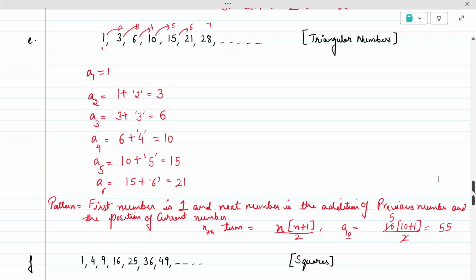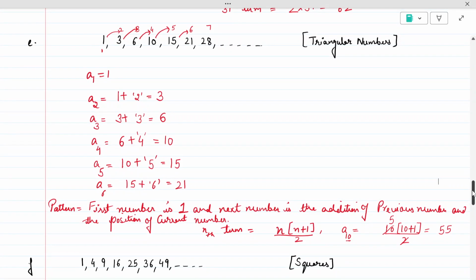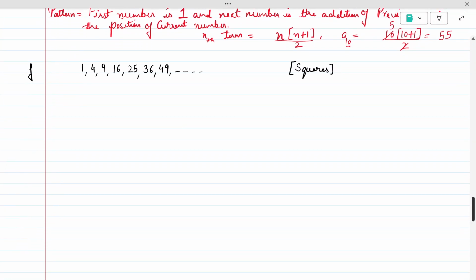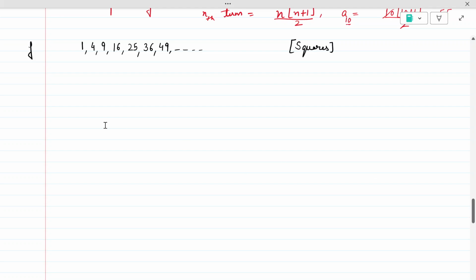Next we have squares. What is a square? First of all, when we say we have to find the square of a number, we have to multiply that number with itself once.